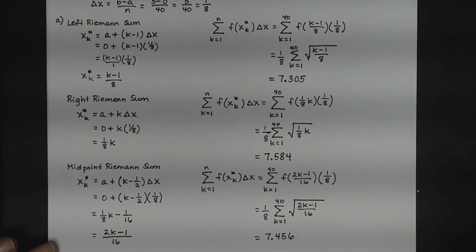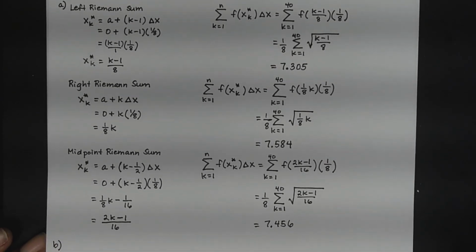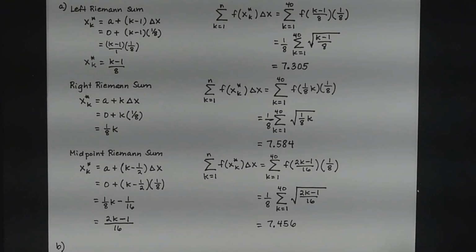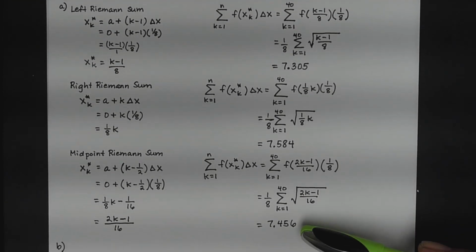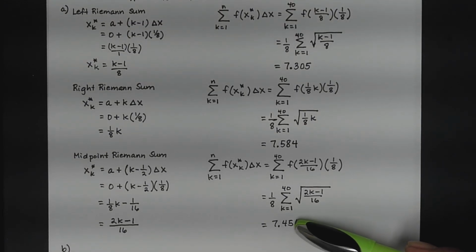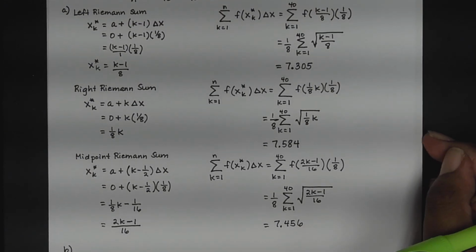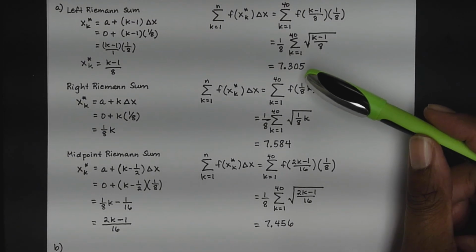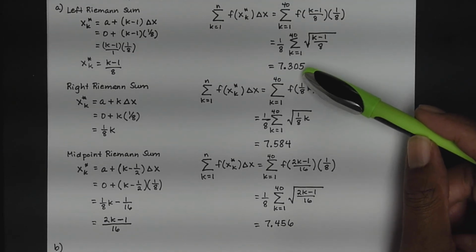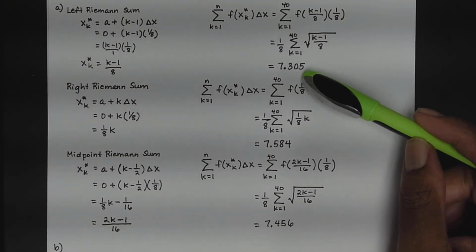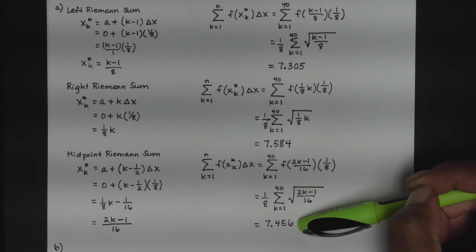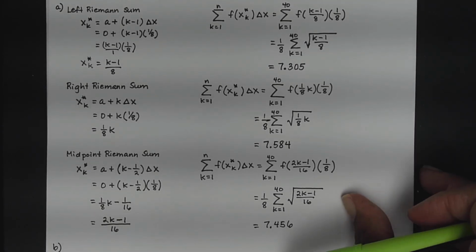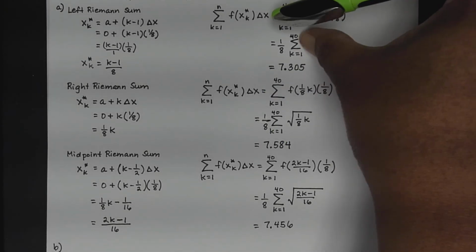Well, by looking at these values for the left, right, and midpoint Riemann sums, the best estimate of the region will come from our midpoint, because we found out from an example in another video that the left Riemann sum underestimates the area, and the right Riemann sum overestimates the area under the curve. The midpoint gives the best estimate of the region bounded by that function.